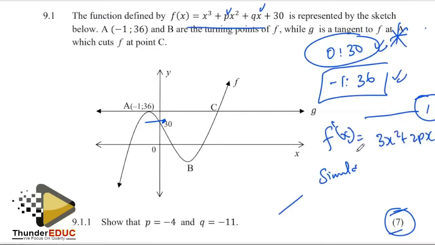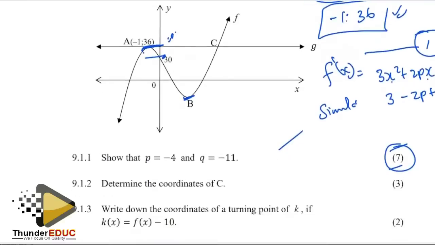And then we know that this first derivative is going to be equal to 0 because it's a turning point, and the gradient at the turning points will always be 0. Then x is -1, so you substitute -1 here. So it's going to be 3 minus 2p plus q is equal to 0. So you can create another equation from here. And then you solve the two equations simultaneously. Your p's and the q's must come out.